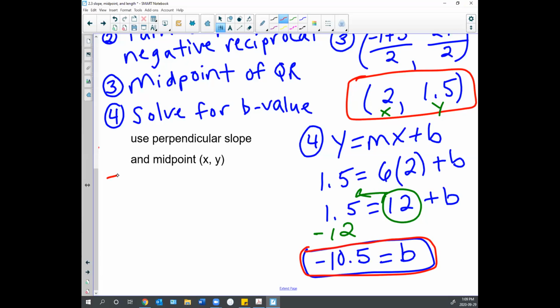Okay, step number 5 is just write the equation of a line. So I just need to plug in the slope and the b value. So this last step is to write the equation. So what's my linear equation?